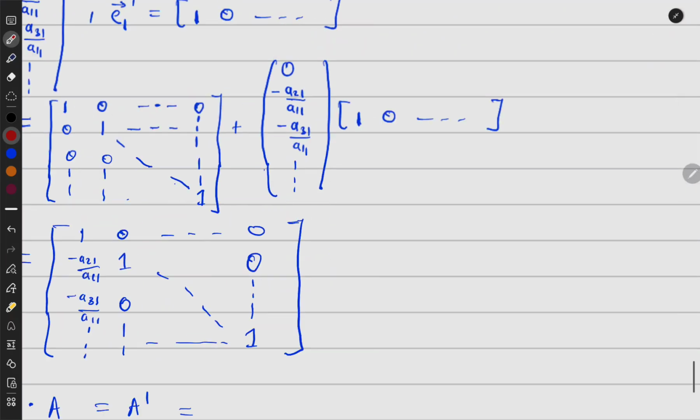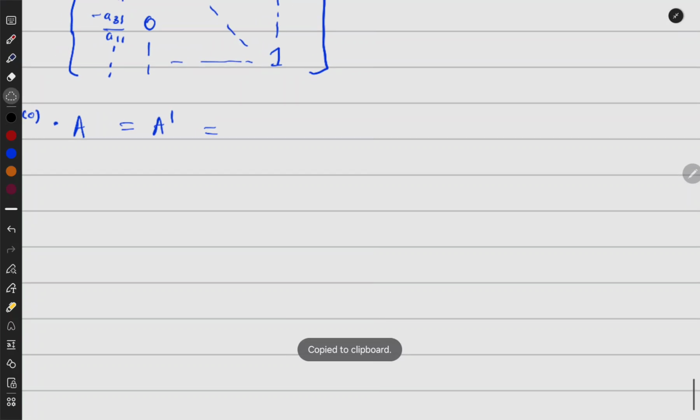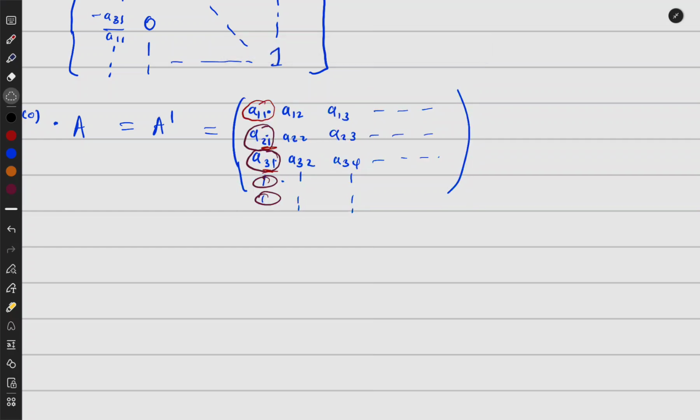So my A1, after multiplying, you remember you want to take it to the upper triangular format. So now it will be this.